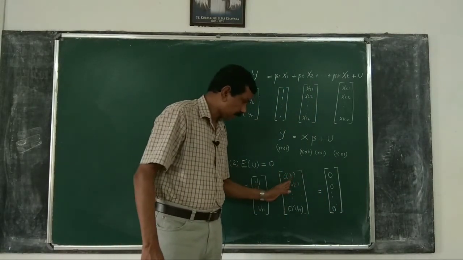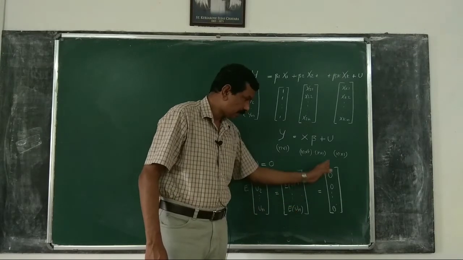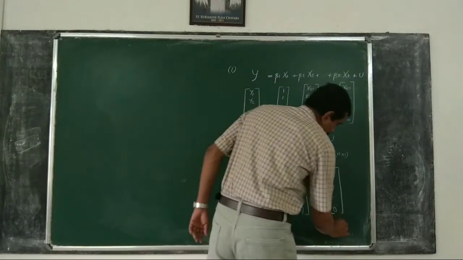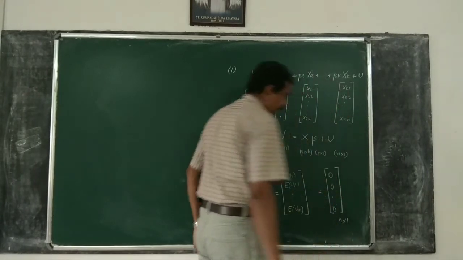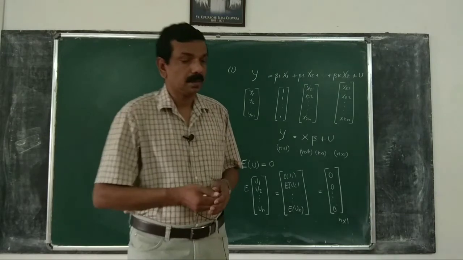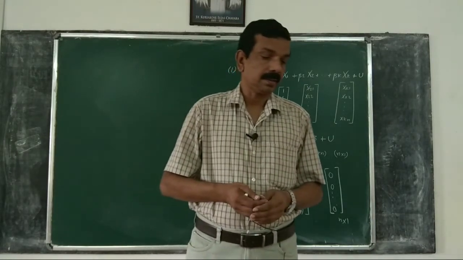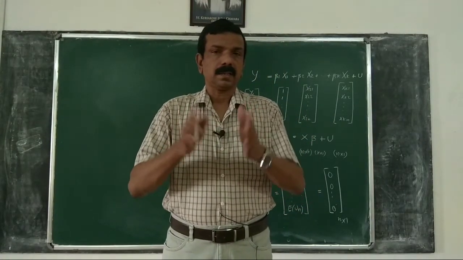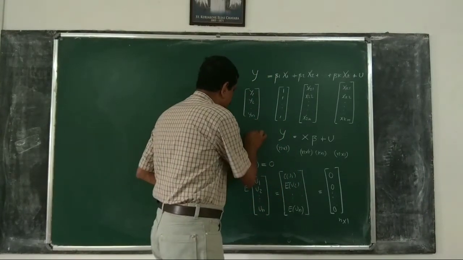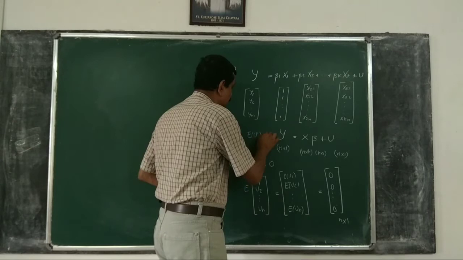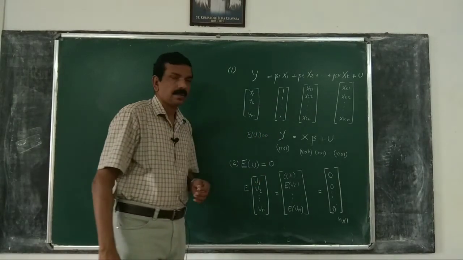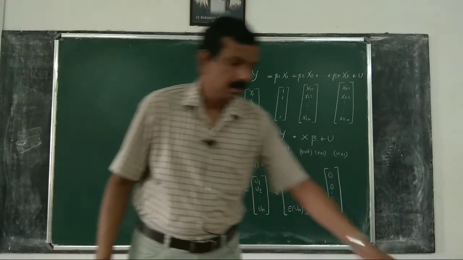That is an n by 1 vector, a null vector. In scalar terms, we write it as expected ui equal to 0.